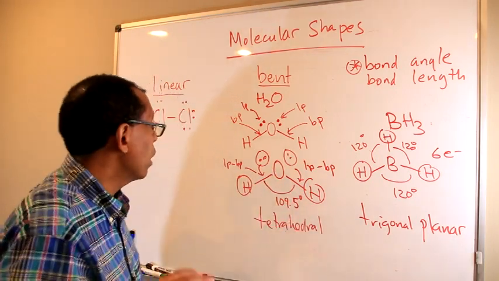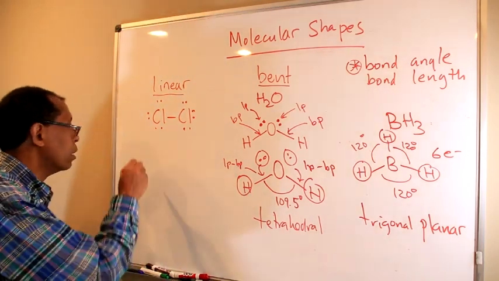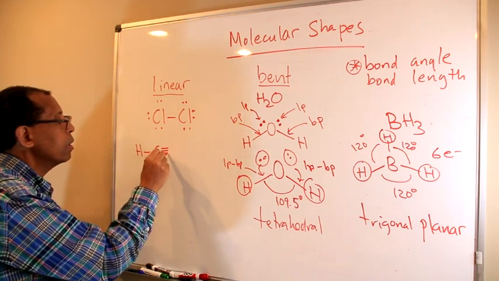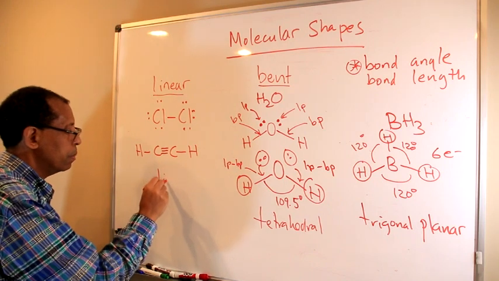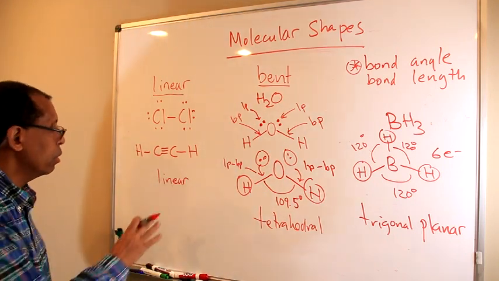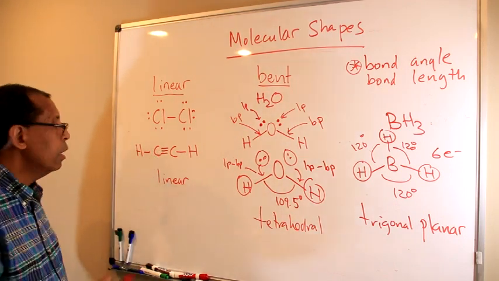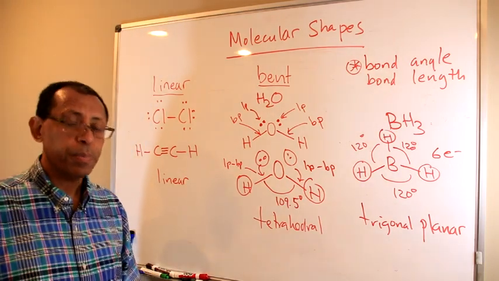And now there is another molecule in terms of linear. For example, if I just want to give you an example, this is an acetylene compound and it's linear. Some of the characteristics of this linear molecule: as you see, carbon doesn't have lone pair of electrons, and this carbon also doesn't have lone pair of electrons.